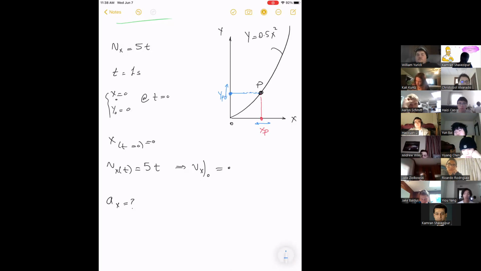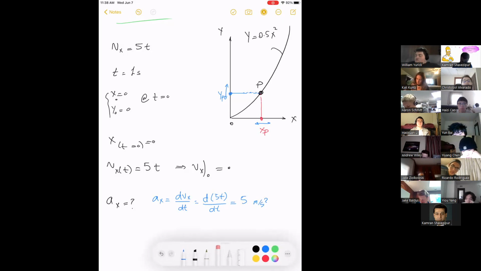Independently. So if that's the case, I can take the derivative of this. So ax is going to be dVx/dt, which is d(5t)/dt, and it's going to be 5, right? Units: it says feet per second, so this is feet per square second. It's not meter.